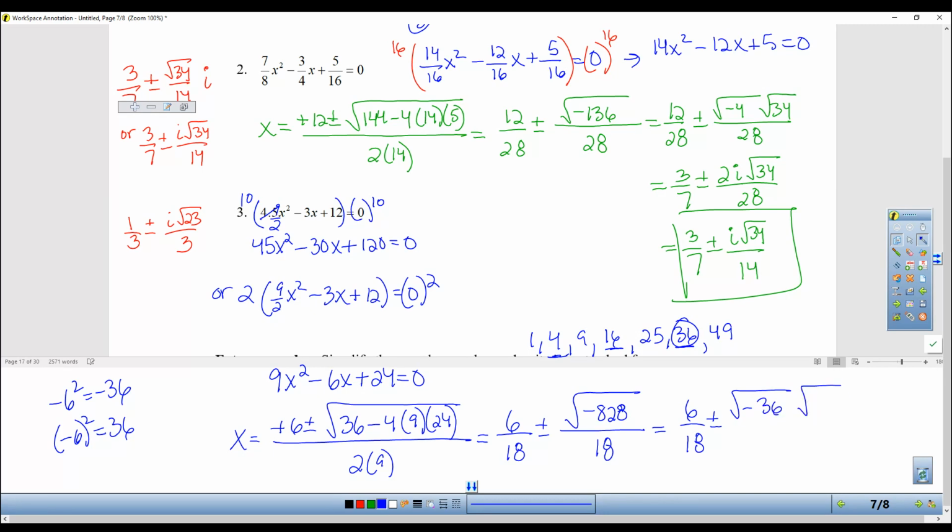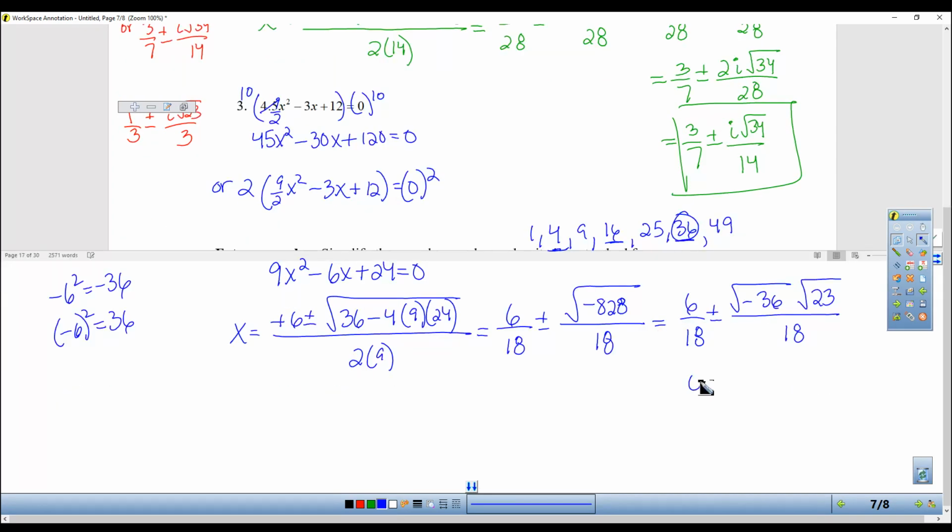So when I divided, I got 23, which is not a perfect square. This becomes 6 over 18 plus or minus 6i square roots of 23 over 18, which becomes 1/3 plus or minus i square roots of 23 over 3.